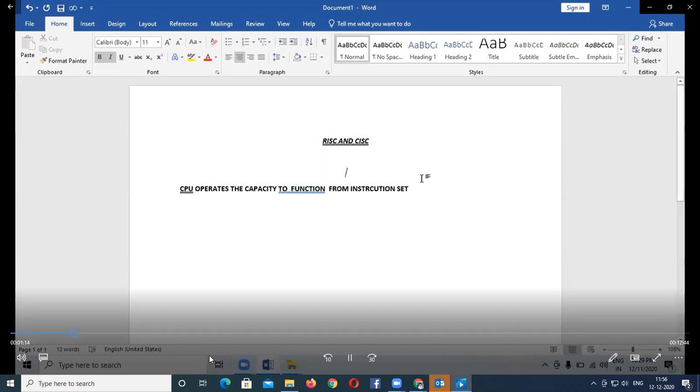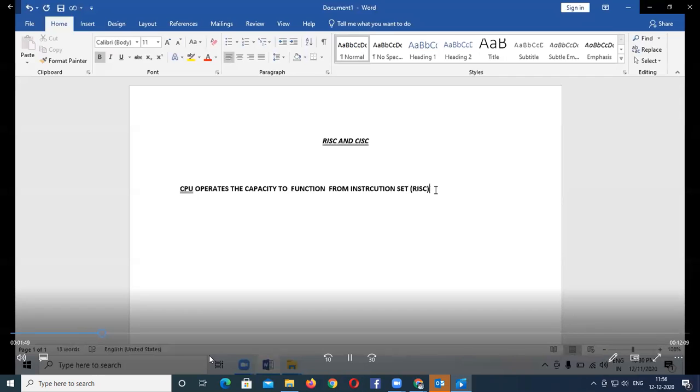The architecture design of the CPU is reduced instruction set computing, that is RISC. It means the architecture of the CPU was designed as reduced instruction set computing.